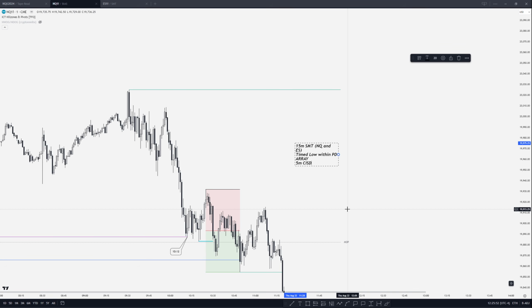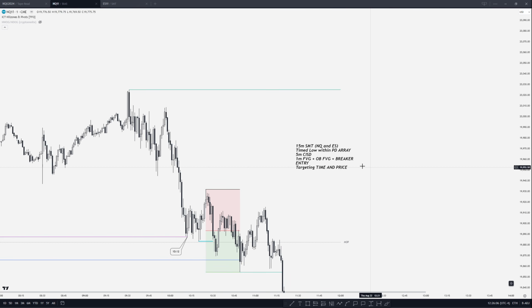I need a 5-minute CISD and then a 1-minute fair value gap with order block, or fair value gap plus breaker entry. Targeting time and price. And the entry also needs to be timed, so the entry is going to be a timed entry based on the economic calendar.